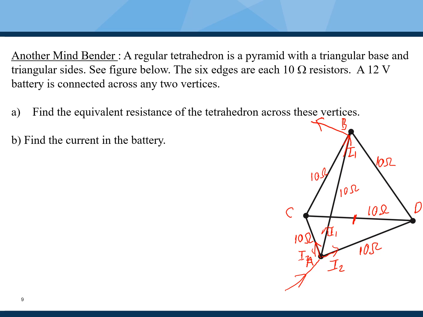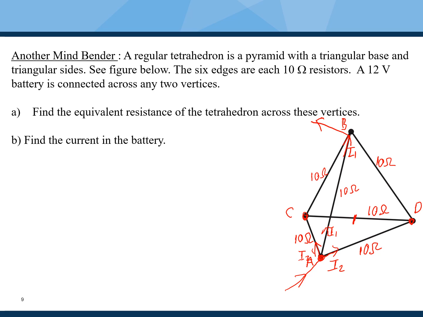Now, what I want you to realize is that if this point A is at a certain voltage, then the point C and the point D will both be at the same diminished voltage, because we're sending the same current through a 10 ohm resistor on the leg AC and also on the leg AD.